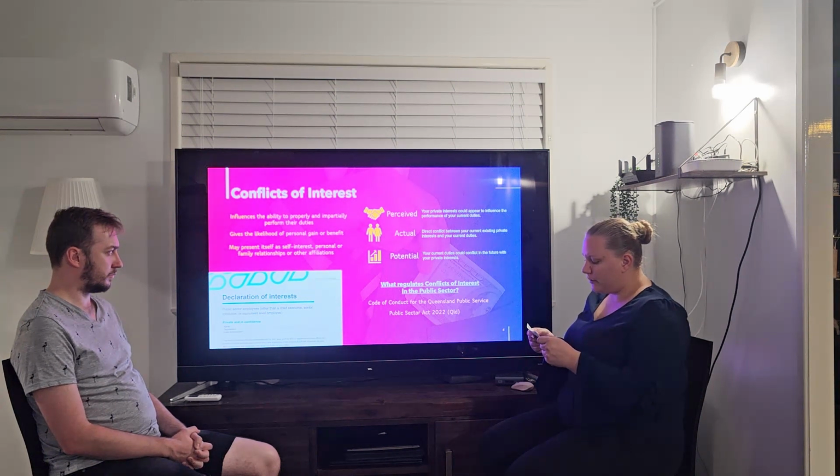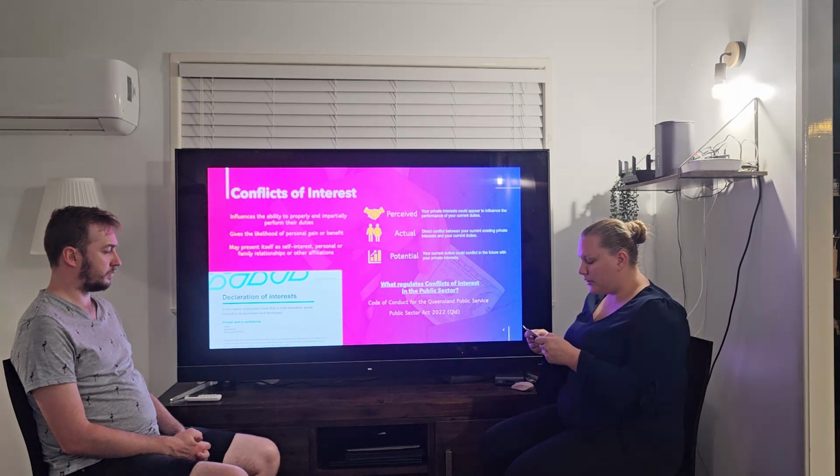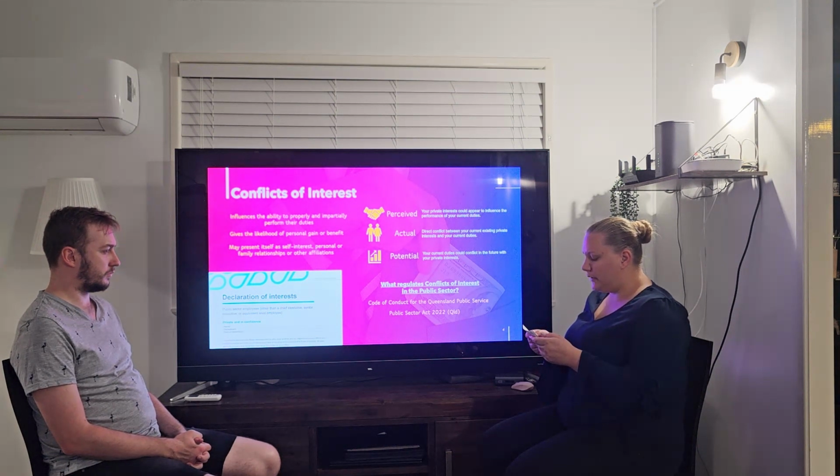Having a secondary employment which could provide the opportunity for personal gain, such as obtaining confidential information from the government sector. Owning real estate, including private real estate, again using confidential information for personal gain, such as knowledge of future developments.